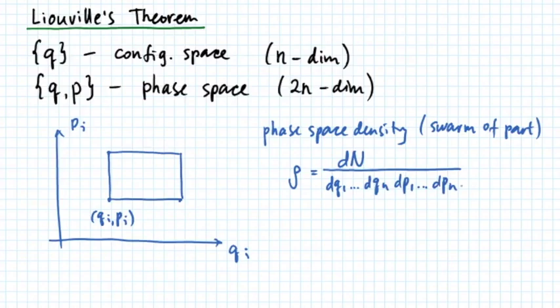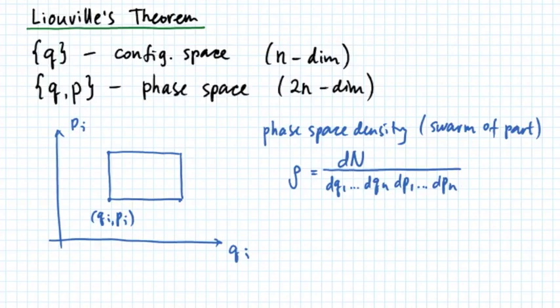We would like to watch this volume and figure out how this phase space density rho is changing. So phase space density is a function of time, obviously, but it's also defined in the phase space. So it's defined as a function of coordinates and momentum.